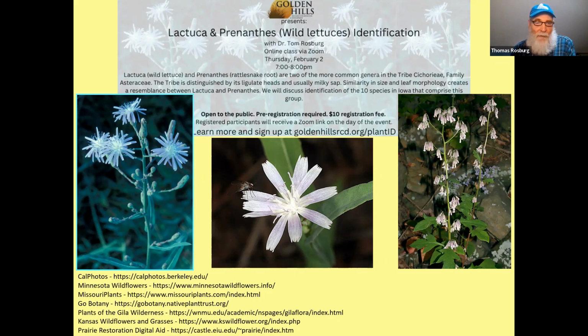If it weren't for the tremendous resource that the internet has for those kinds of photos and images, it wouldn't be so easy to do this, because although I'd like to have the ability and the time to take these pictures myself, maybe someday I will, I don't have that kind of time. So I use images from the internet extensively, and I certainly want to give credit to these sources that you see right here. I use mainly cow photos, Minnesota wildflowers, Missouri plants. Those are the top 3 for sure.